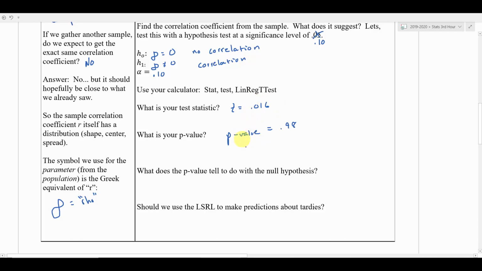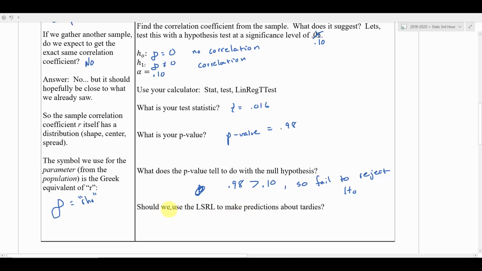All right, so what does it tell us? Well, 0.98 is certainly greater than 0.10, which is our significance level. So we fail to reject the null hypothesis. We can't reject that there is no correlation.